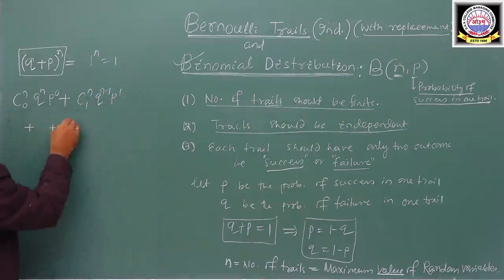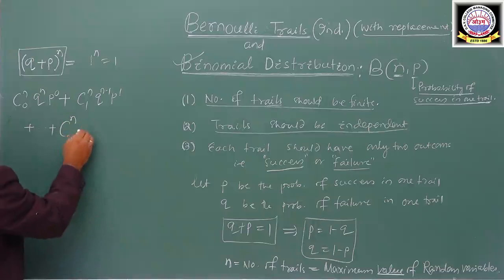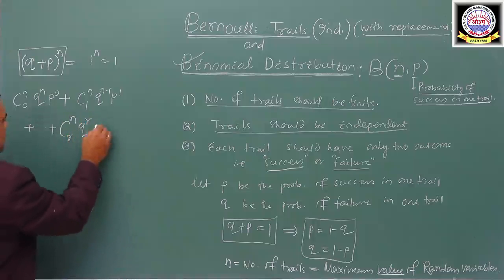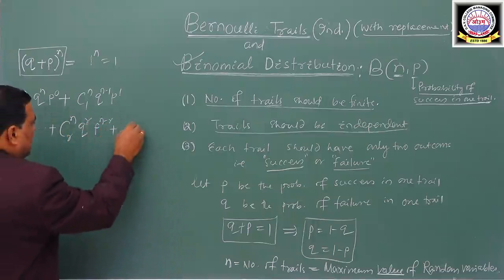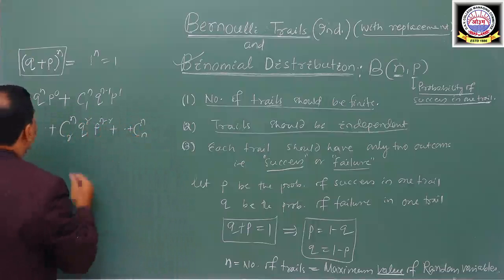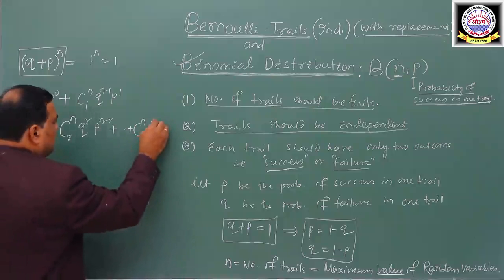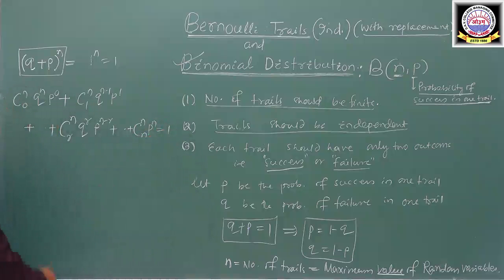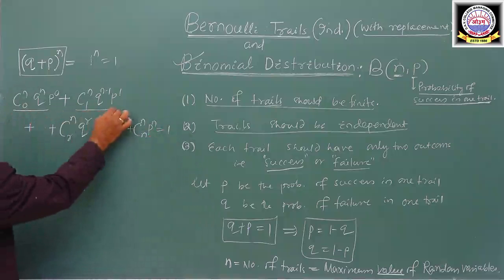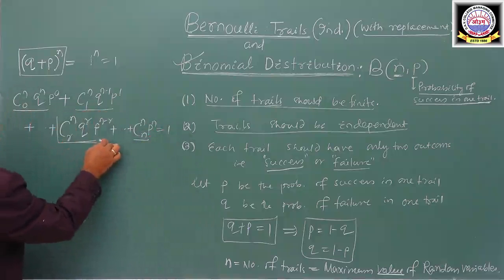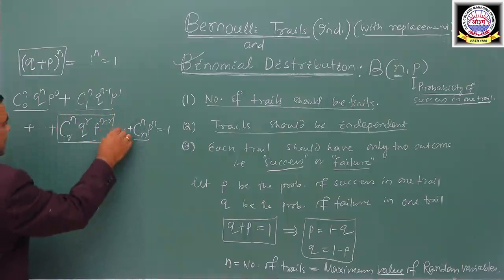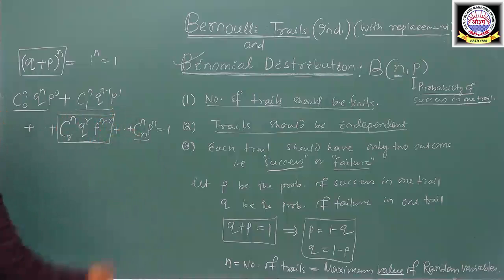There is a general term nCr q^(n-r) p^r, plus the last term nCn p^n, equal to 1. These are the terms of the binomial expansion. This is known as the general term of the binomial expansion.